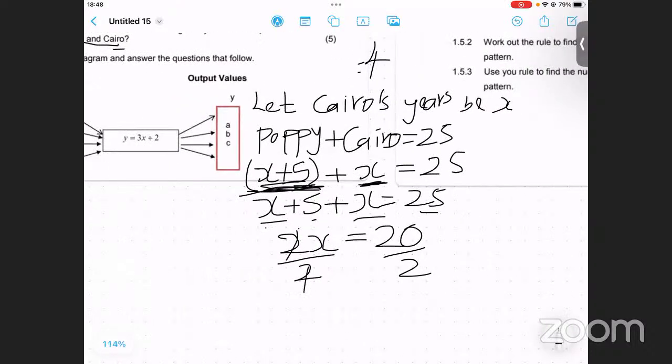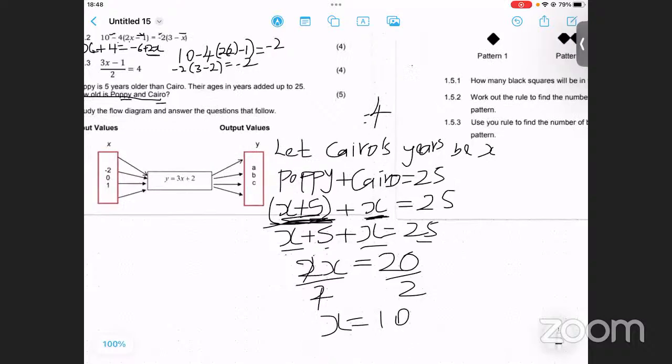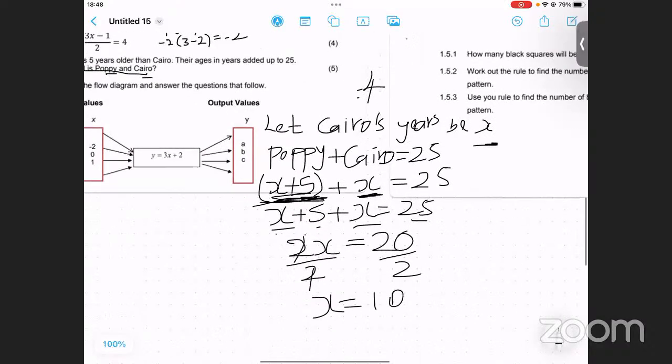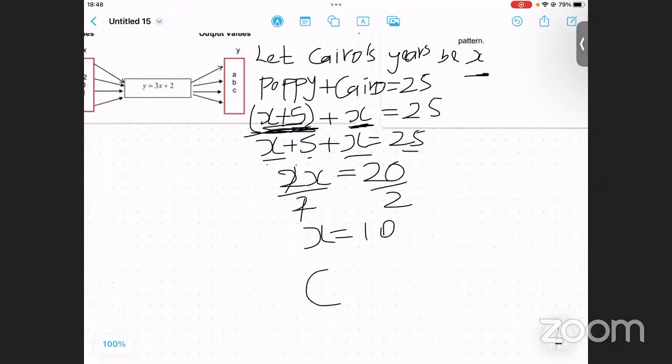We get rid of the 2 there, so x is equal to 10. So whose x is it? Cairo's. That means Cairo is 10 years old.